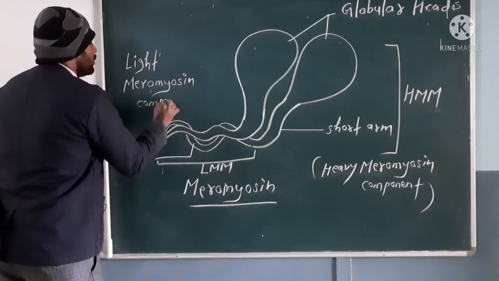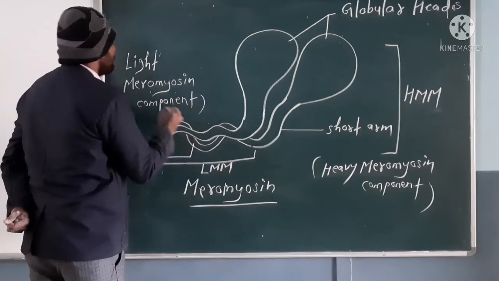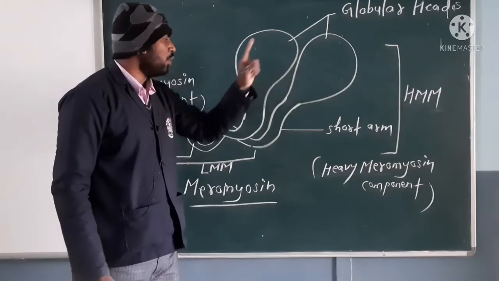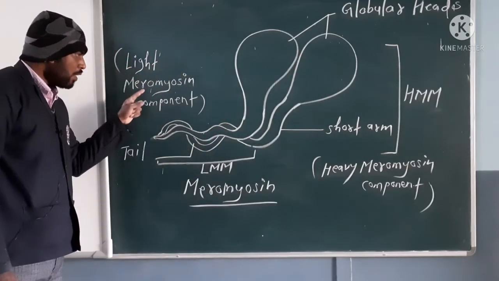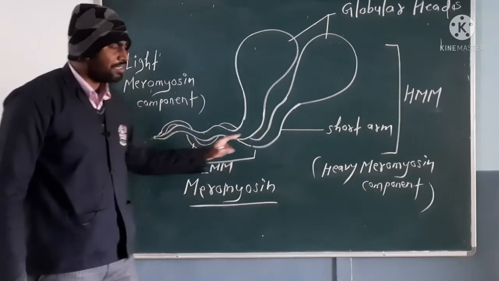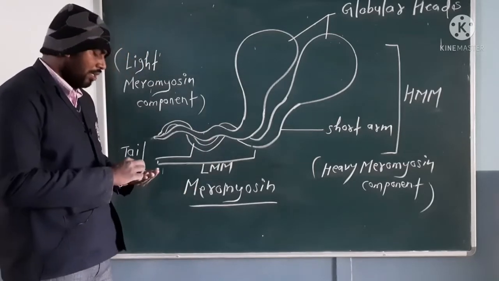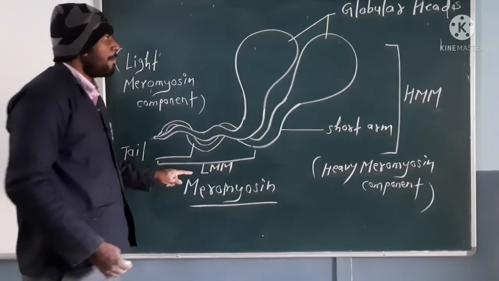So the single molecule of meromyosin consists of the heavy meromyosin component, that means the globular head and its short arm, whereas the light meromyosin component LMM contains only the tail, and all those regions are adjoining together. Don't get confused. Here some more parts we have to study.